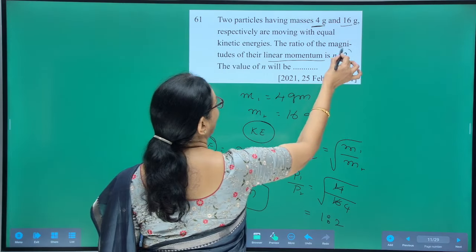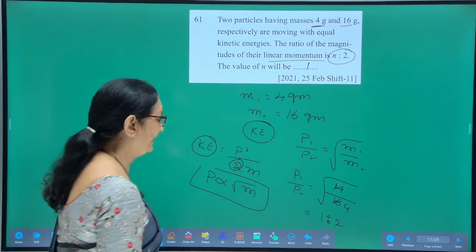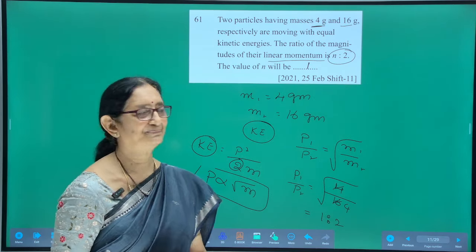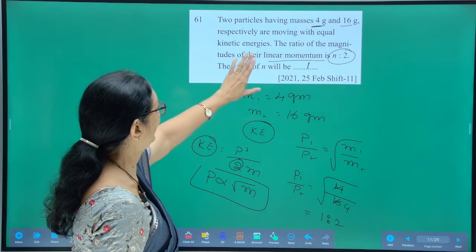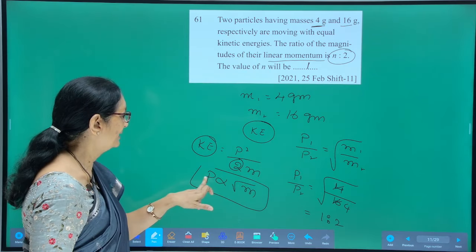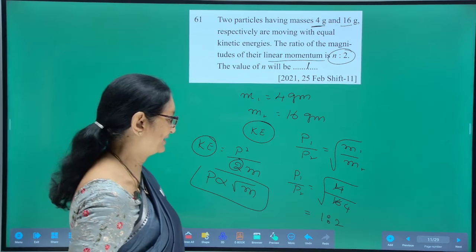So, here it is n:2. In place of n, we have 1. So, the answer is 1, right. So, p square is proportional to mass, so p is proportional to root m, that is the answer.